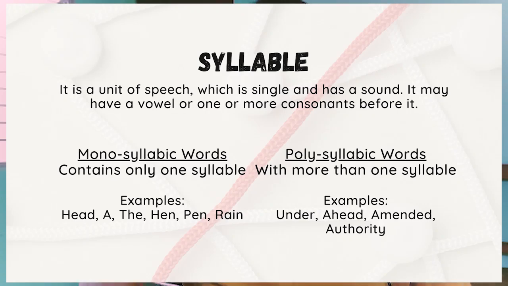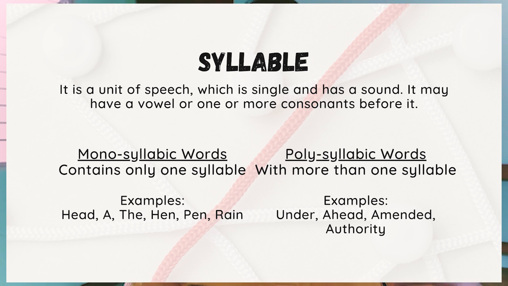Isn't that amazing? And the second component of meter is the pattern of emphasis on those syllables, which relates to stressed and unstressed syllables. First, let us define what a syllable is. A syllable is a unit of speech which is single and has a sound. It may have a vowel sound or one or more consonant sounds before or after it.